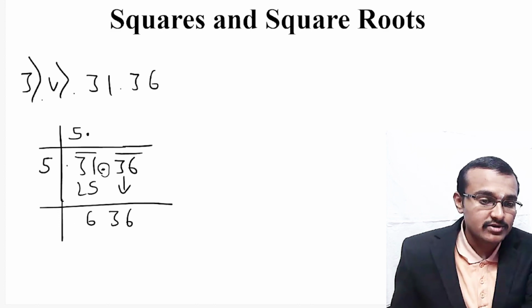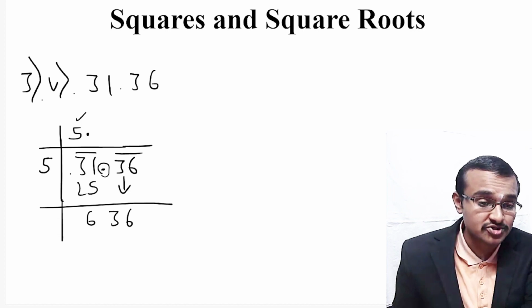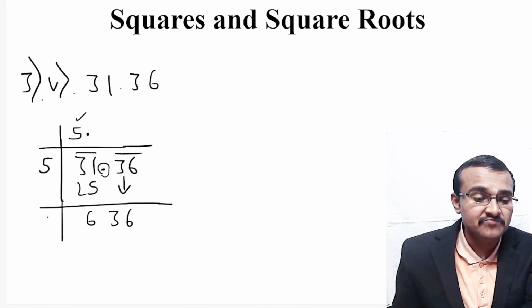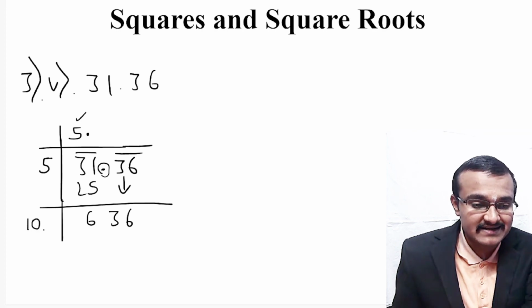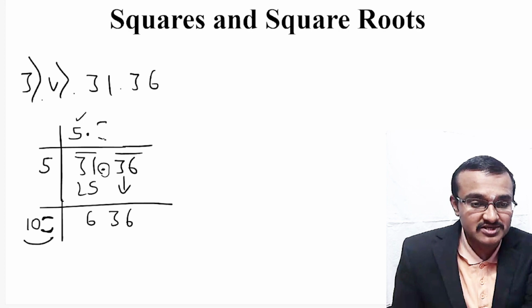Now take twice of whatever you have in the quotient. Twice of 5 is 10, because 2 into 5 is 10. After writing 10, you should put one more number and multiply this total number with the number you put in the quotient. When you do that, you should get 636.